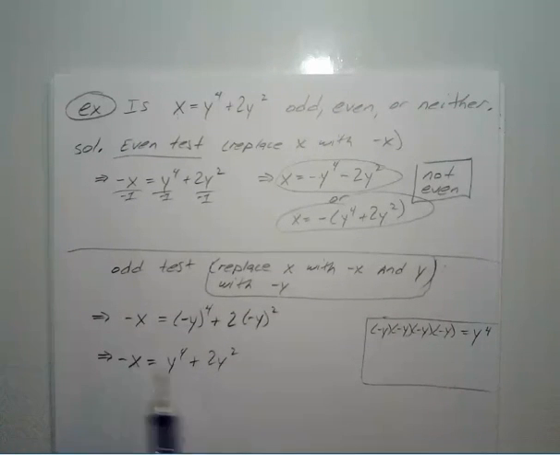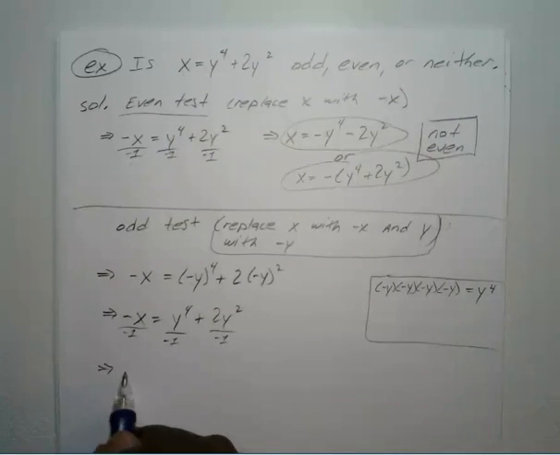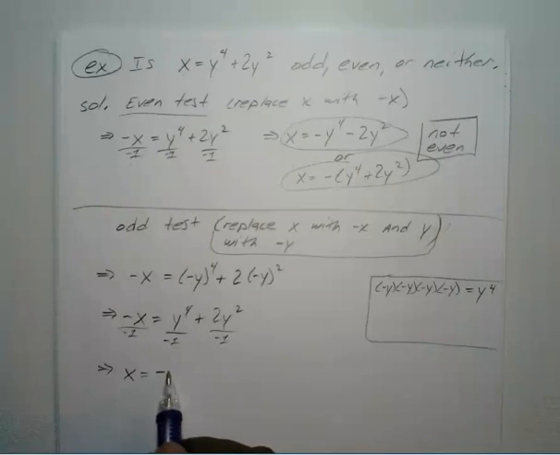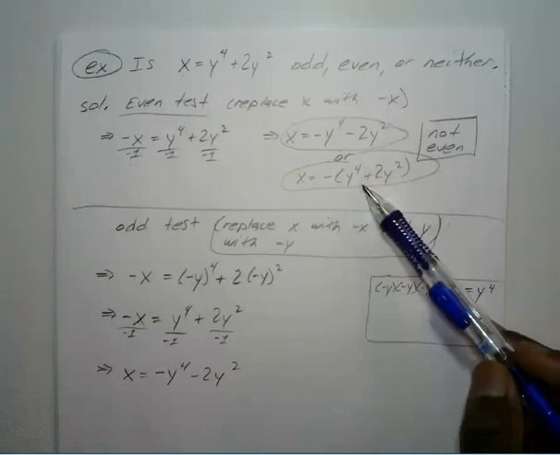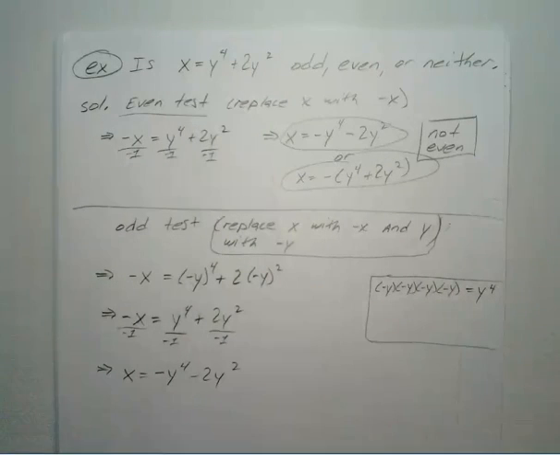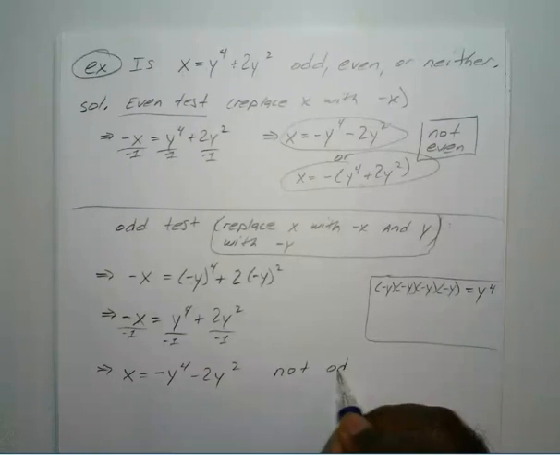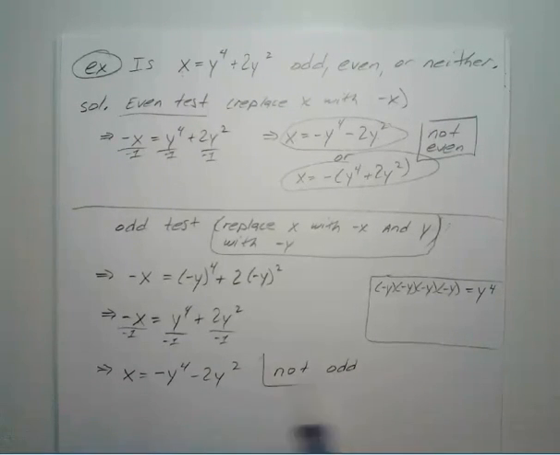And just like here, if we divide everything by negative 1, we end up with x equals negative y to the fourth minus 2y squared, where no matter if we put it either way, it still wouldn't be the same as the x value we started with. Okay, so we know this is not an odd function either.